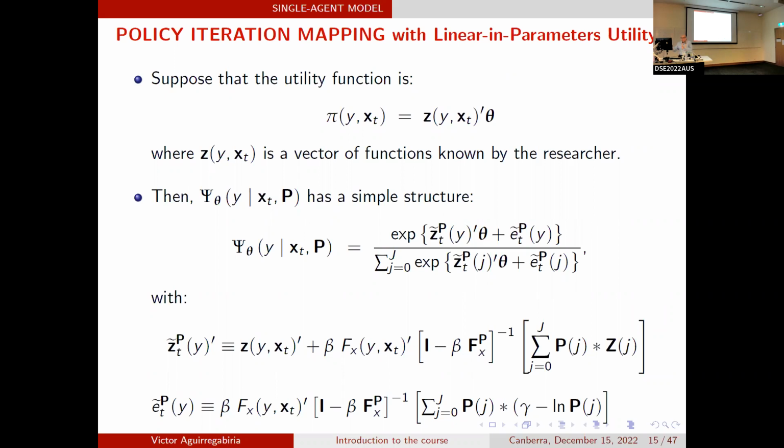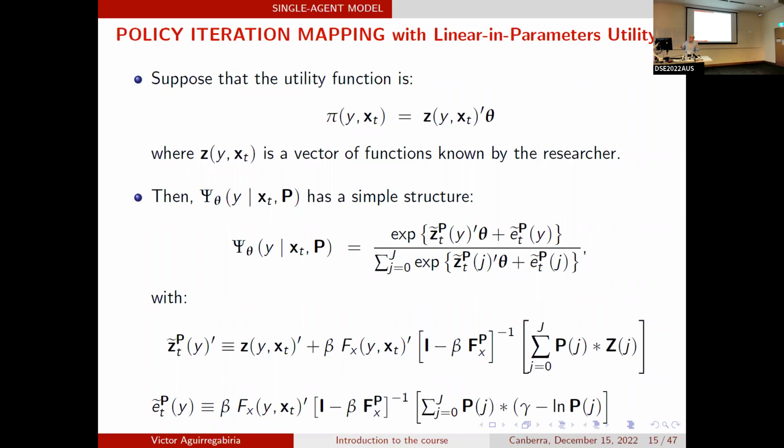Okay, then a very simple structure of this policy iteration mapping. You can see that given p, evaluating this mapping for different values of theta is trivial. Once we have p fixed and we have calculated this z tilde and this e tilde, changing theta is as simple as evaluating the choice probabilities of a McFadden logit model.